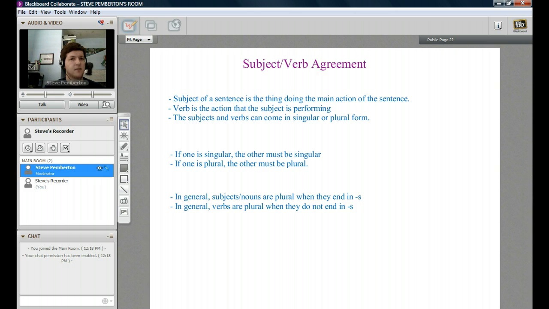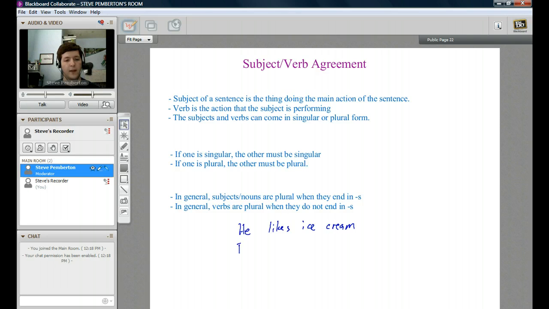Now, the thing that throws people off is when I say that a word needs to be plural, most people think, okay, it needs to end in S. That's true for nouns. Nouns, in general, are plural when they end in S's. The word toys compared to the word toy. But verbs are plural when they do not end in an S. So a good way to always think about this is come up with an example like with he or they.